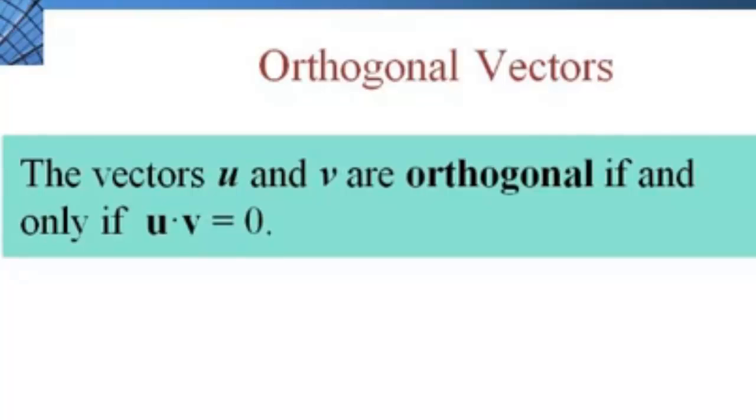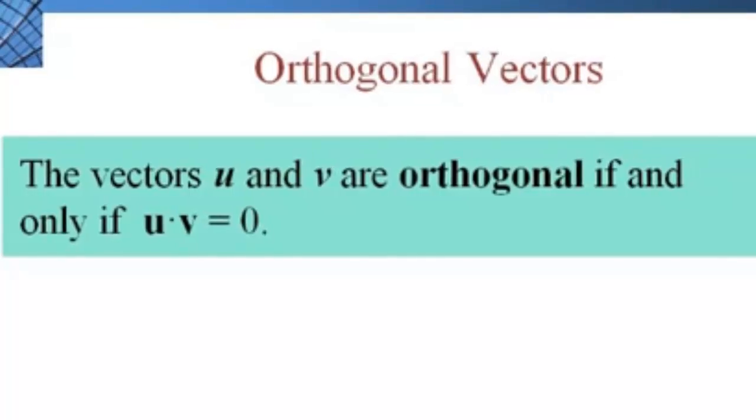However, the 0 vector is orthogonal to every vector. So except for this special case, orthogonal and perpendicular are the same. So the vectors u and v are orthogonal if and only if the dot product of u and v is 0.